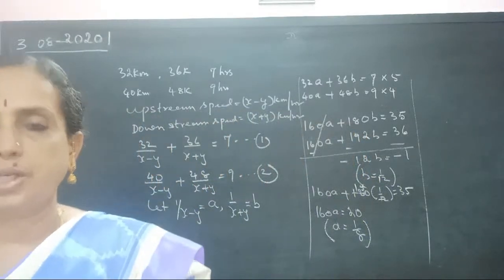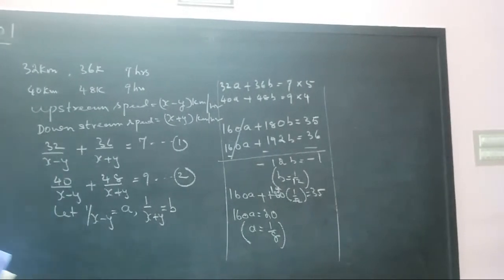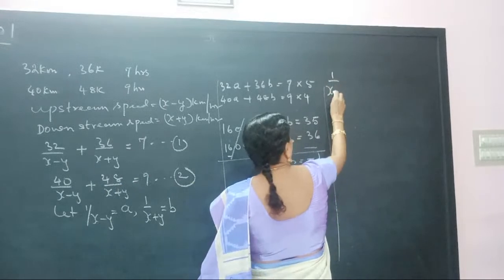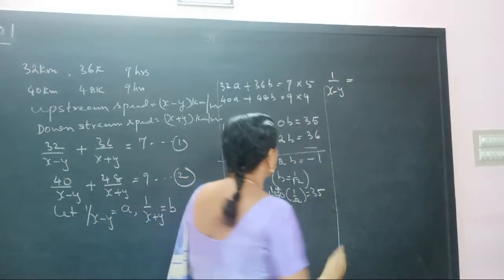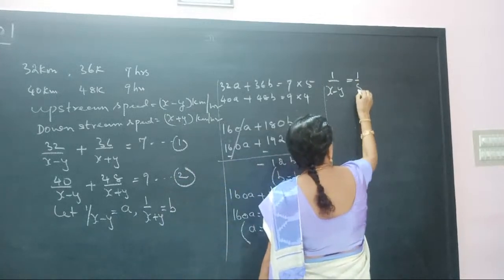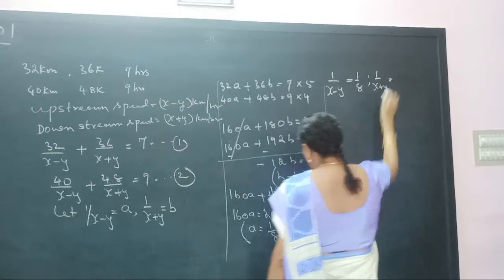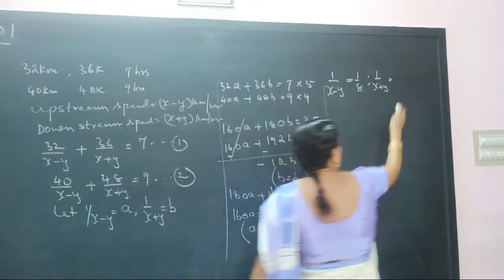What is the condition taken? 1 upon x minus y equals a, where a is 1 by 8. 1 upon x plus y equals b, where b is 1 by 12.